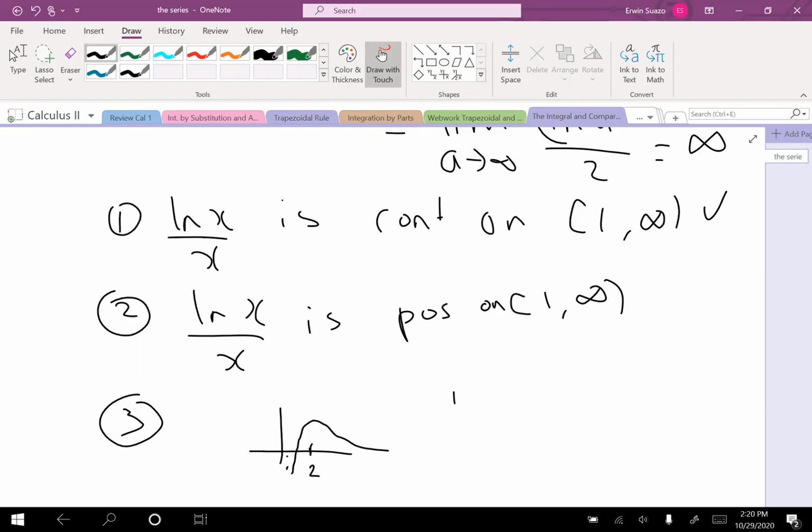So it is decreasing from, we can say, 3 to infinity, for example.